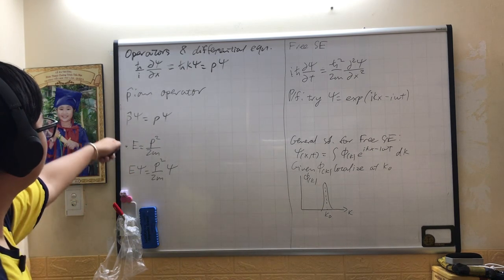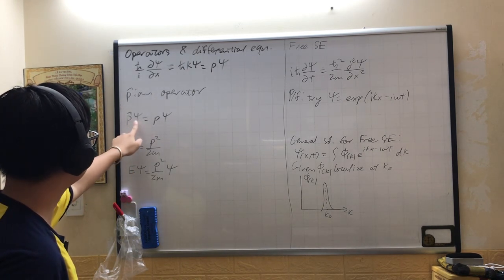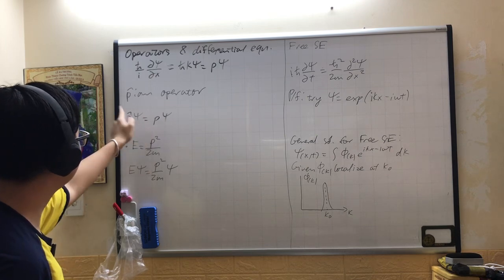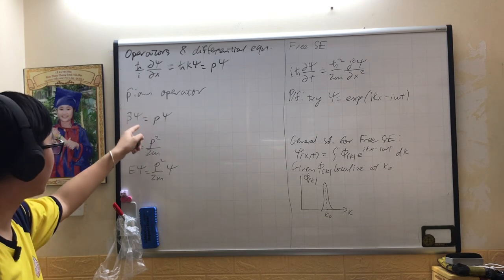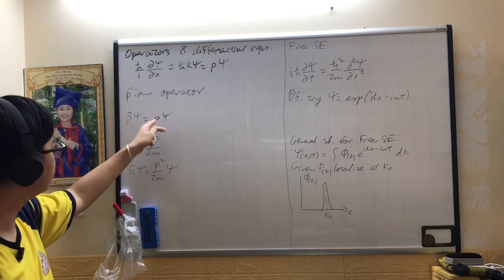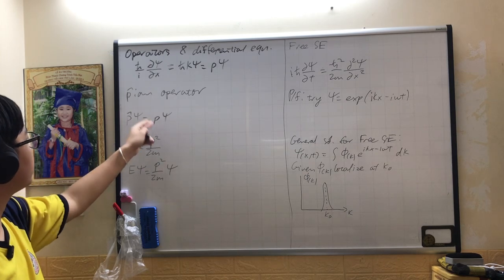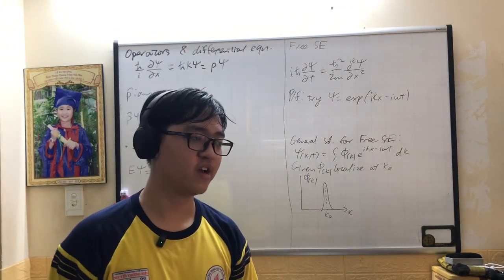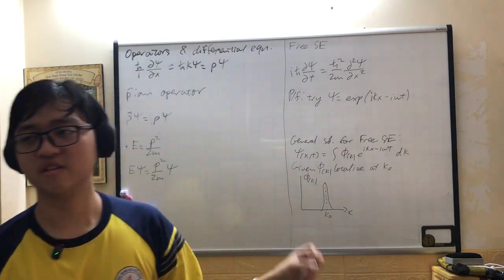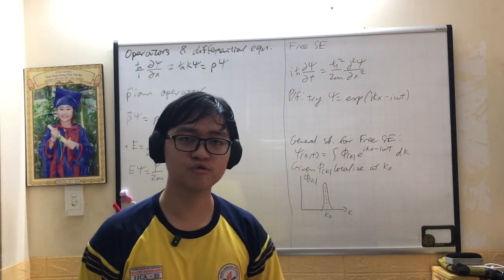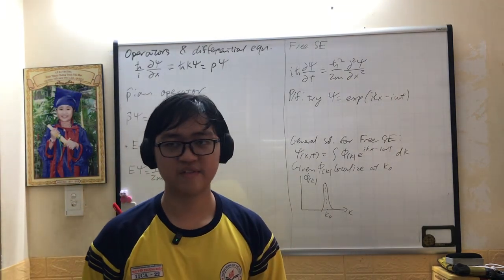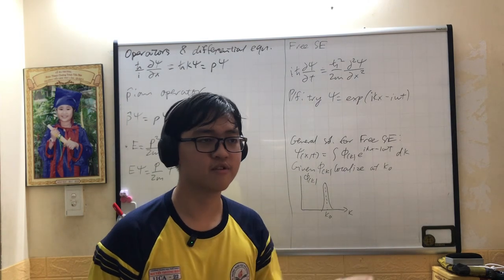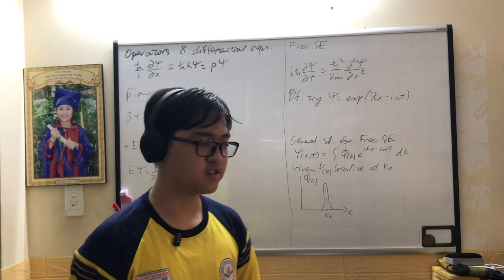And even more, if p hat psi satisfies this, p hat psi equal to p psi, this is like a number. When you have an operator act on a function, it gives you something back, and that something could be a number times the function itself.